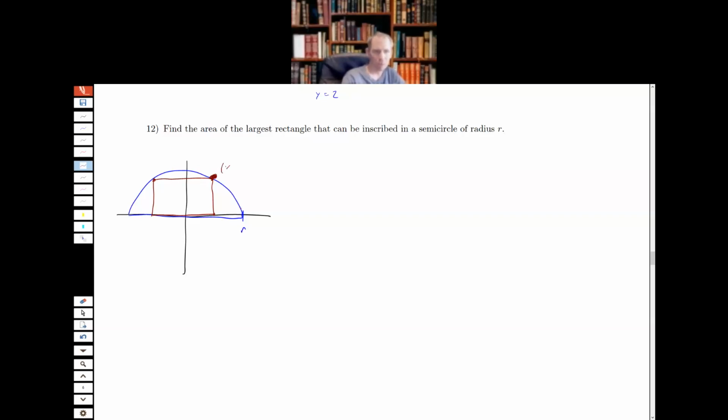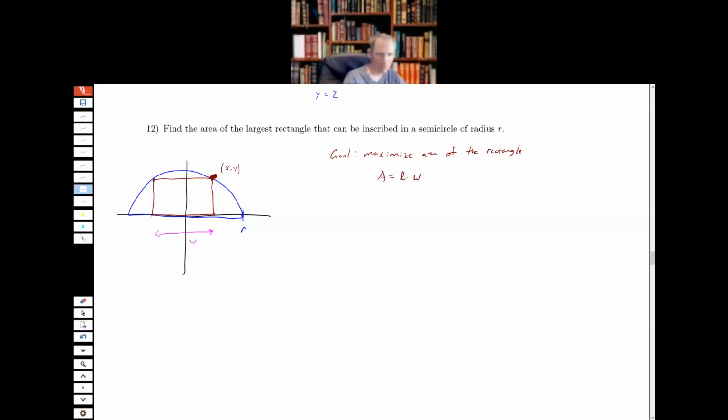So I'll just call this point x, y, and think of that as being my variable. My goal is to maximize the area. So I'll just write area is length times width.